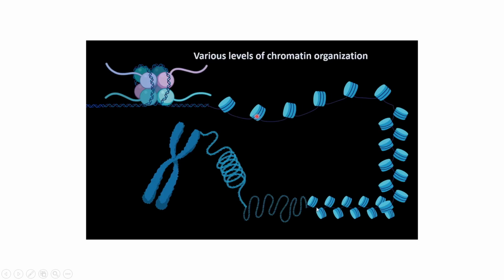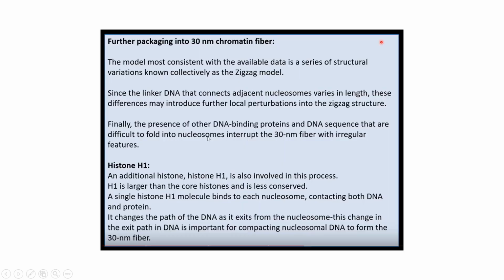Then there is further compaction, and 30 nanometer fibers are formed, where the histones interact with each other and mediate the compactness of the DNA. After that, various other proteins such as condensin and cohesin are involved, due to which further compactness of the DNA is generated, and you get a complete chromosome structure. This is the hierarchical organization of chromatin.